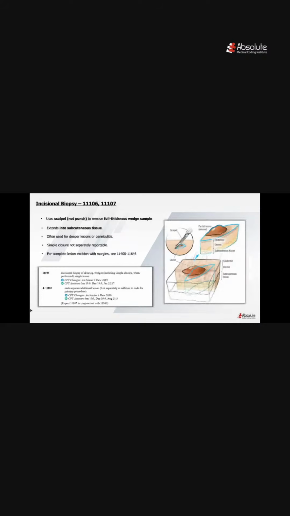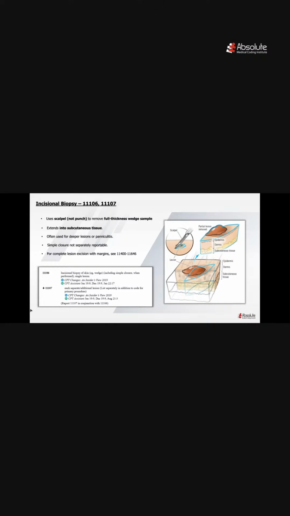And next, let's talk about the third type of biopsy, which is incisional biopsy. And the CPT codes used are 11106 and 11107. So unlike punch biopsy, incisional biopsy uses a scalpel to remove a full thickness wedge of the tissue, going down into the subcutaneous tissue.